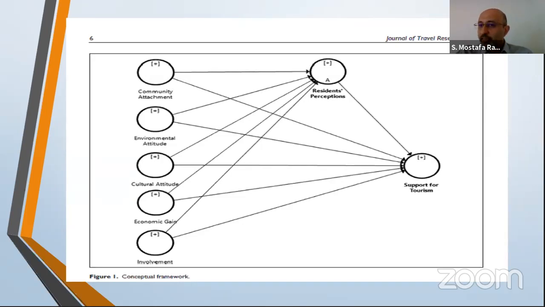We want to assess the indirect effect. So to hypothesize, we need to support this relationship, this effect. We need theoretical support for this relationship.